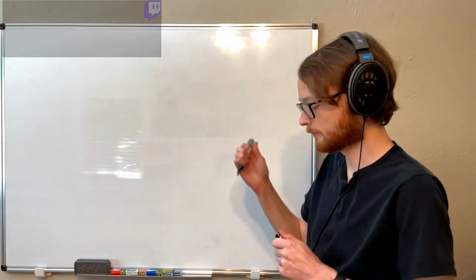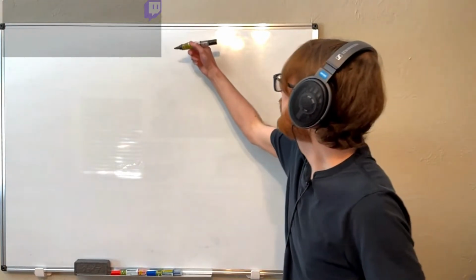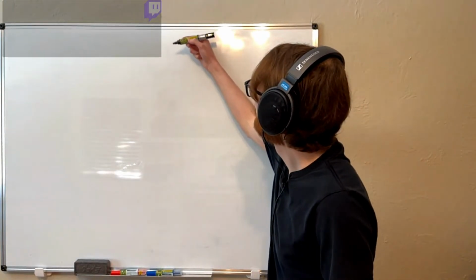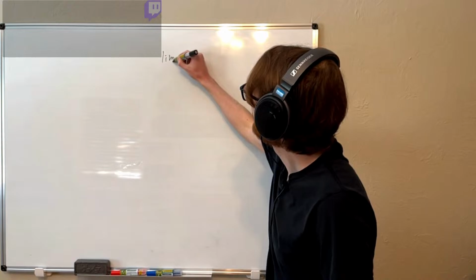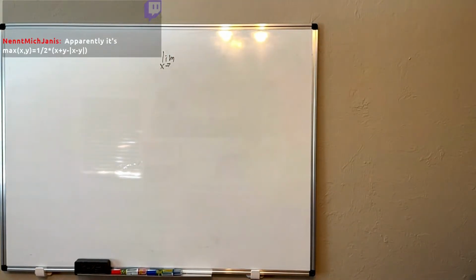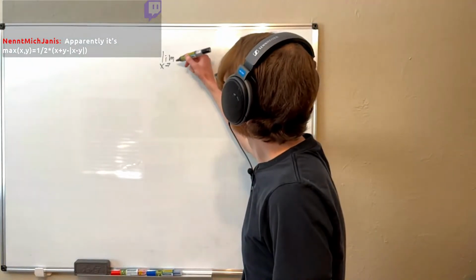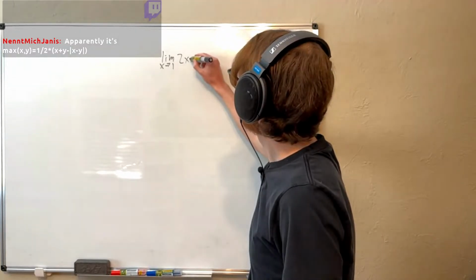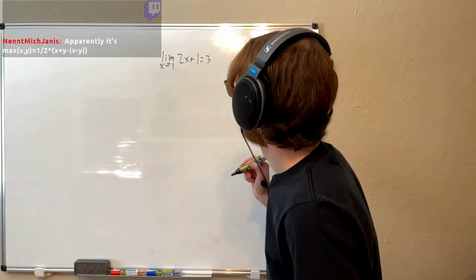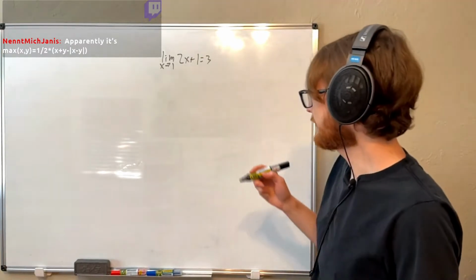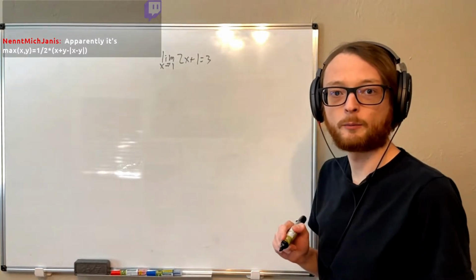Okay, so we're doing the limit as x approaches, was it 1? Yeah. Of 2x plus 1 equals 3. So we're just given what the limit actually is here, and we need to prove that.